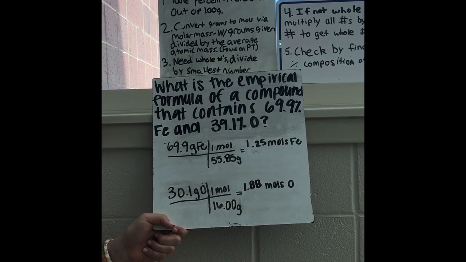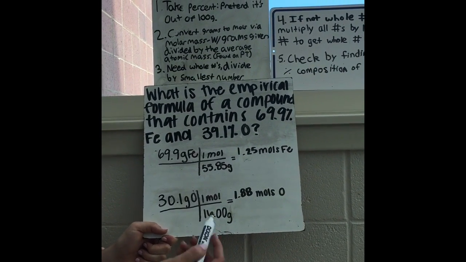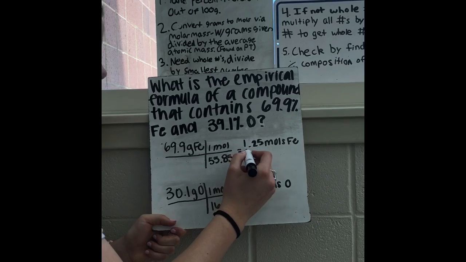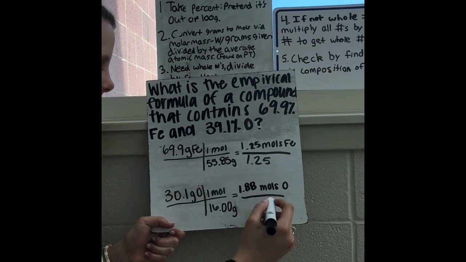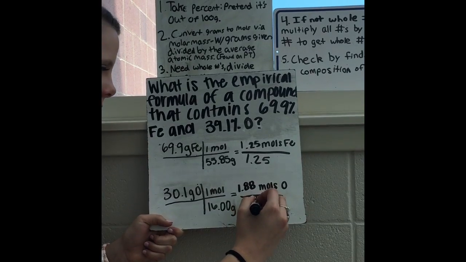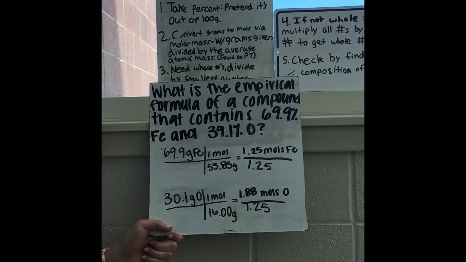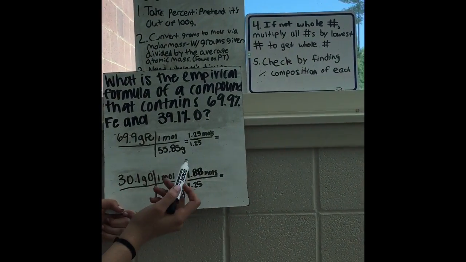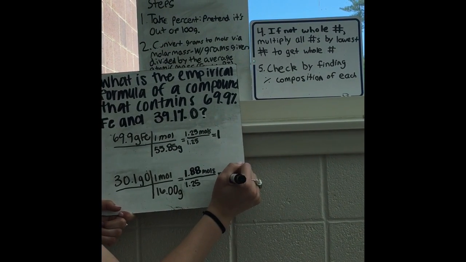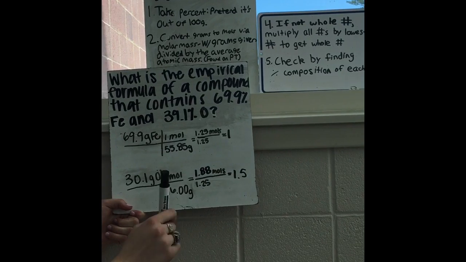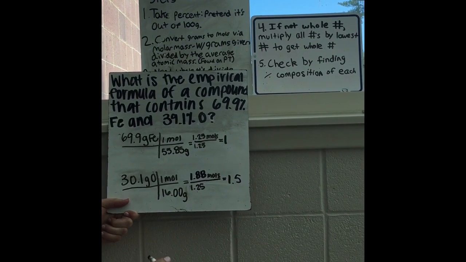Step 3 says that you want to divide by the smallest number, so it would be 1.25 divided by 1.25, and 1.88 divided by 1.25. Once you divide by the smallest number, you get 1 mole and you get 1.5. Since we don't have a whole number, you have to multiply by 2.